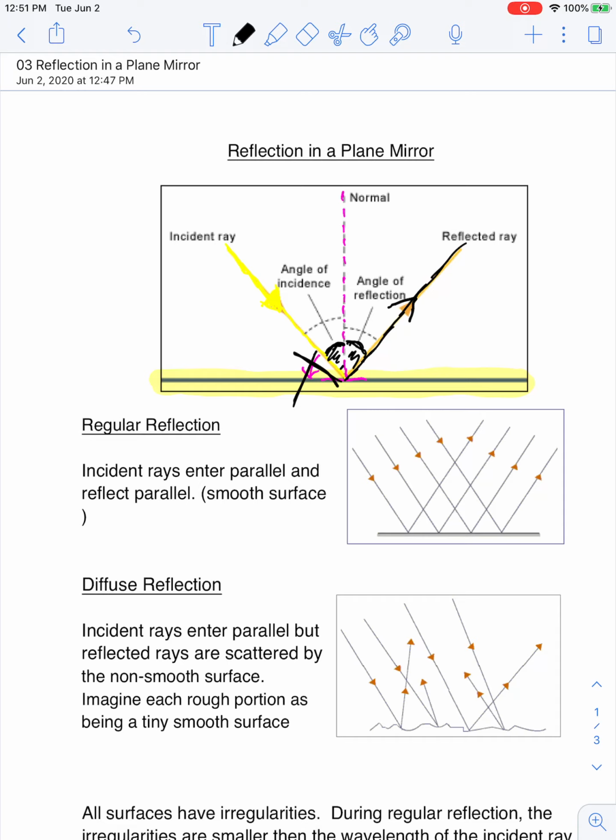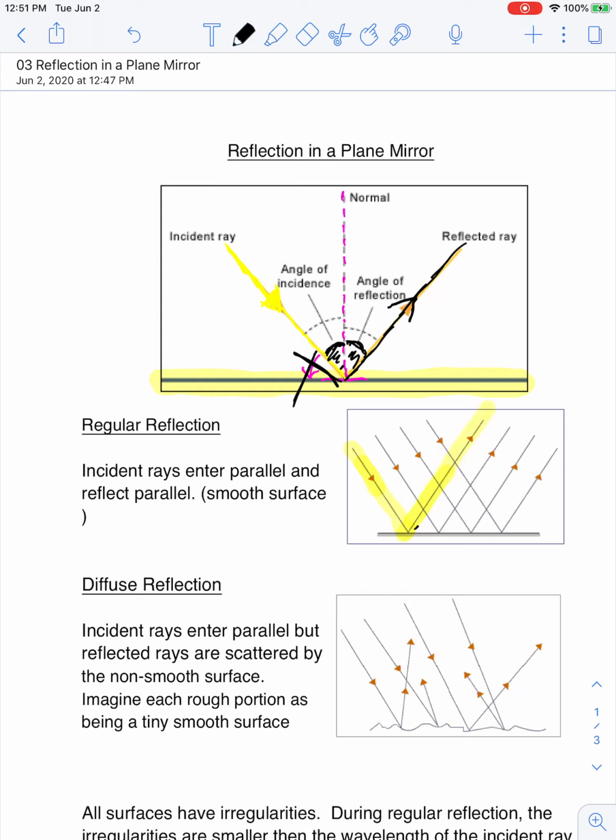Unfortunately, we can't do the labs to show you this, but as long as you're good with a protractor, you won't find this difficult at all. It's literally just bouncing that light ray directly off of the mirror. So with regular reflection, on a plain flat mirror, you're always going to get the light ray in and the light ray out at the exact same angle.